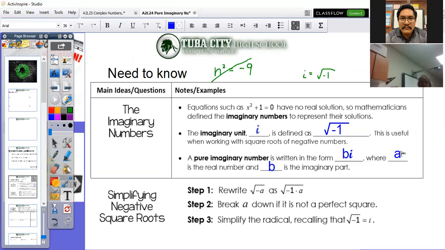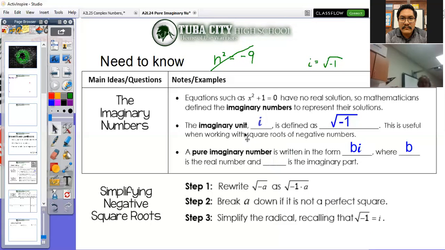So there is a b part, where b is the real number, and i would be the imaginary part here. So I'm going to go ahead and fix that. There you go. That's what it really should be, because I was probably thinking of a complex number in that case. All right, there we go. So that's the pure imaginary number.